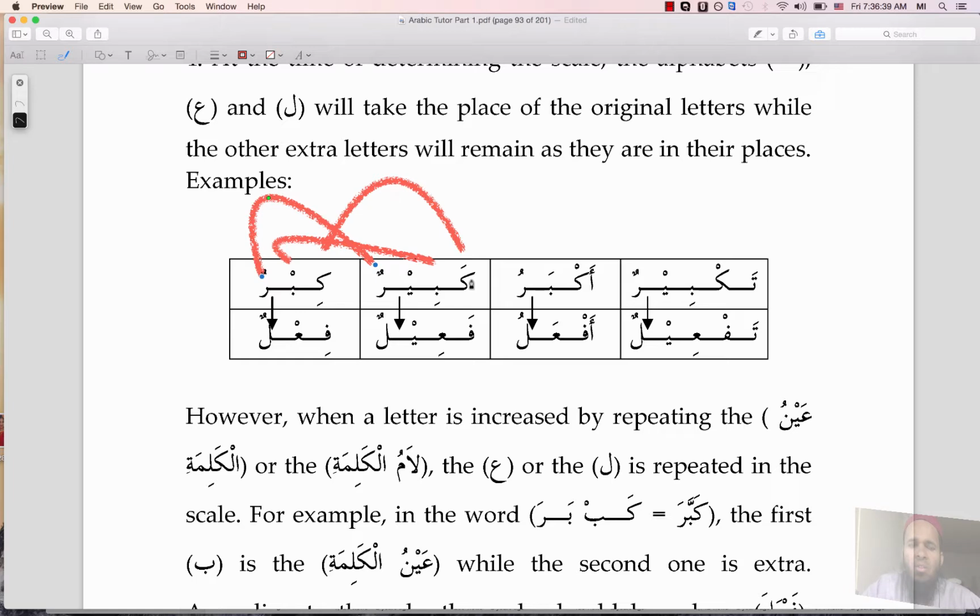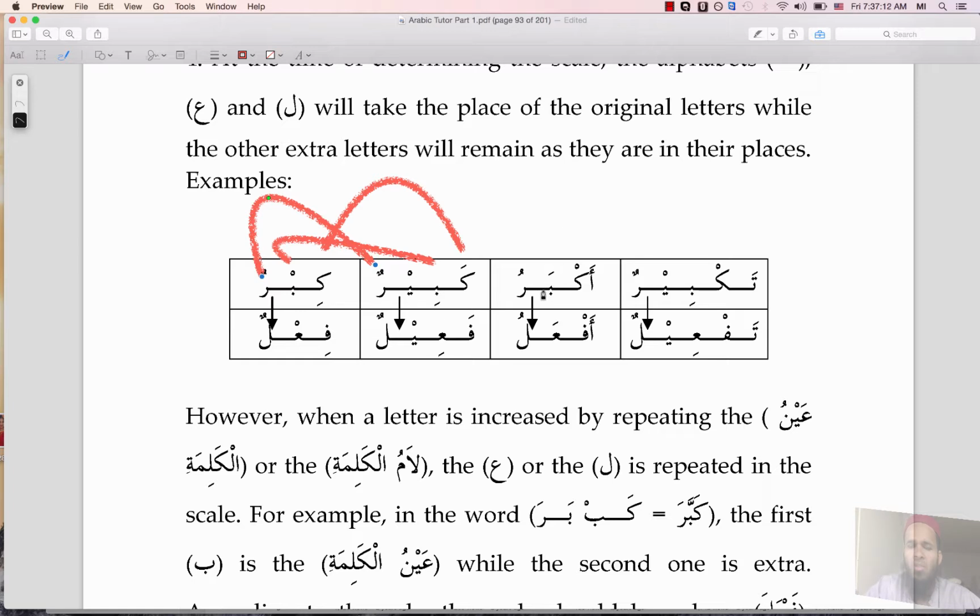So ka is the fa kalma, it will be fa, and then ba is the ayn kalma, right here, and the ra, because in the original form it was the lam kalma, it is still going to carry on that habit. So ra, even in this word, although there's a ya in between, ya is not going to be lam kalma. The lam kalma is still going to be the ra, although it moved from its original position.